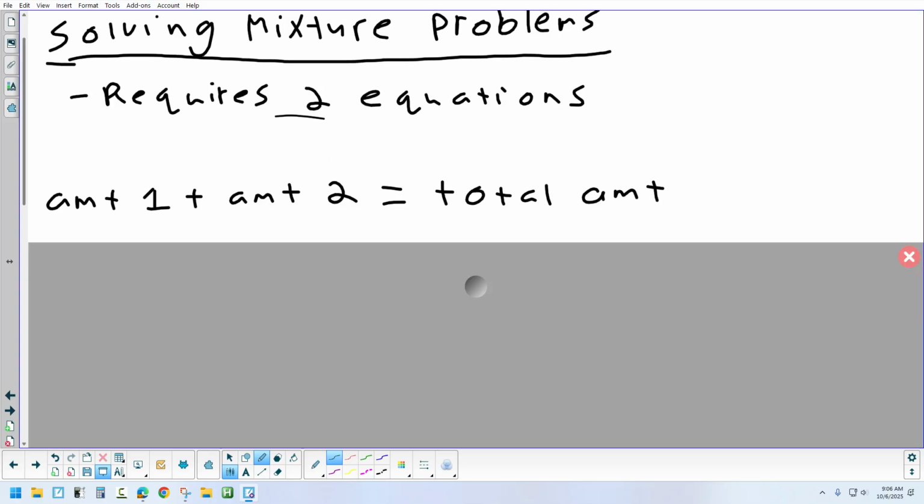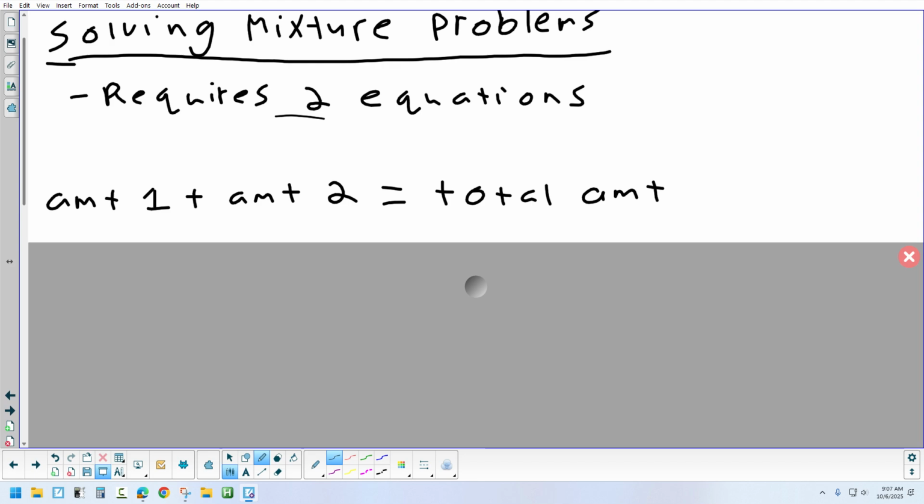Okay, so the first equation you set up is just for the total amount. If I had two solutions and I'm going to mix them together to get, I think I said 100 gallons, I would just say I have X liters of the first solution, Y liters of the second solution, and X plus Y equals 100. If that was the only condition, there's a lot of answers.